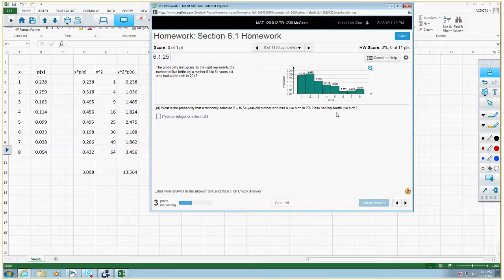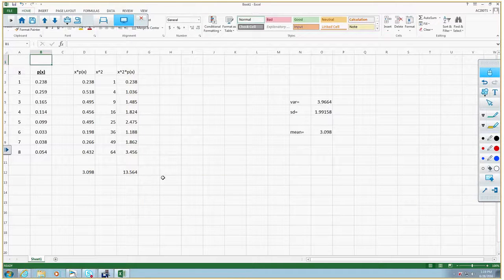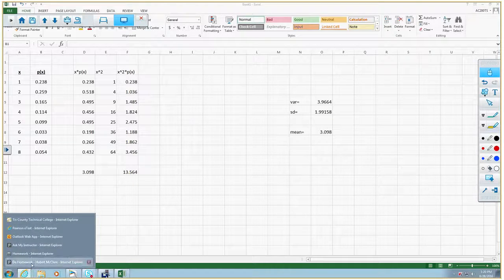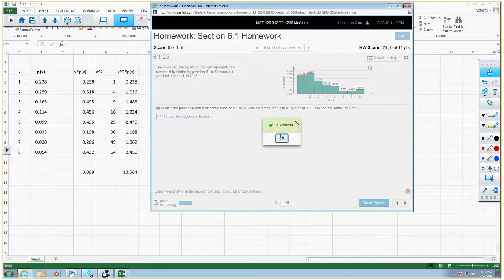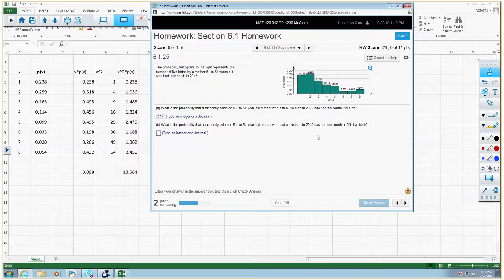Fourth live childbirth. So fourth live childbirth is 0.114. And we got an excellent. And then four or five is going to be these two together.